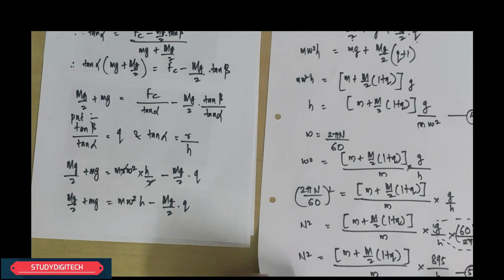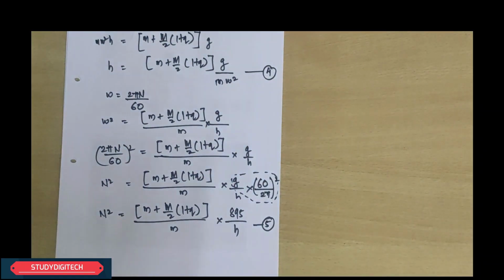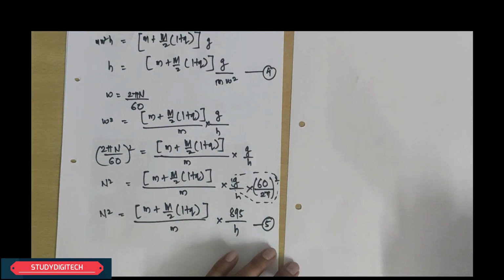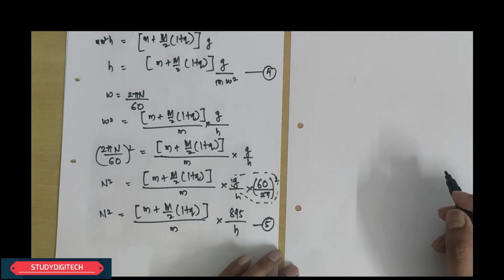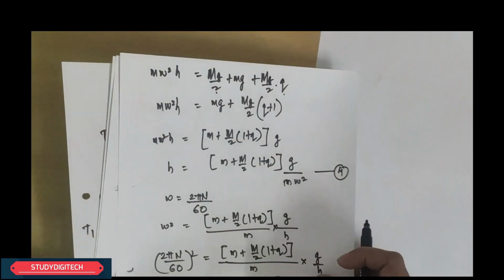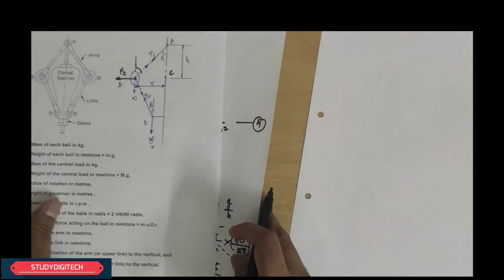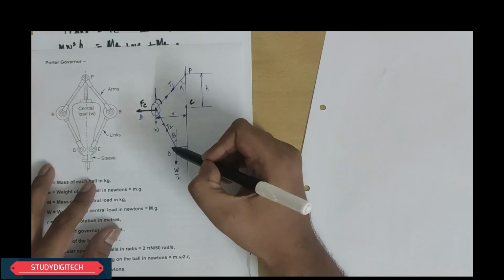Now there is another condition, where the arms or links of the governor are of the same length. Suppose PB is equal to BD.